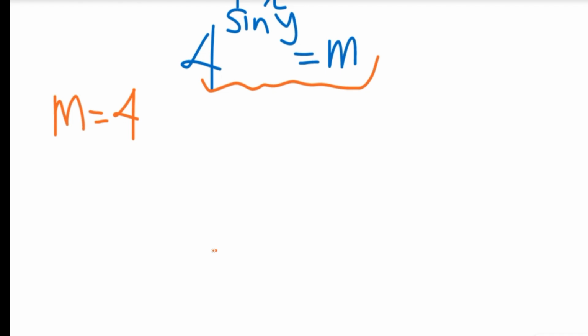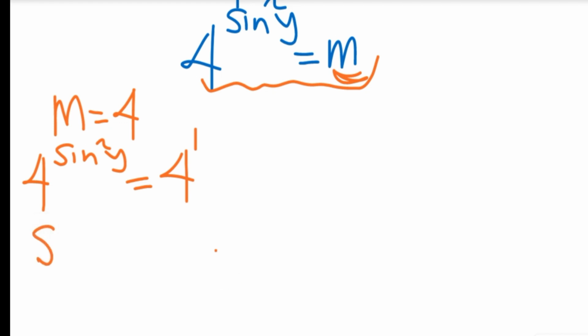So substituting m equal to 4, we'll have 4 to the power of sine square y equal to 4. 4 naturally has a power of 1. Since they have the same base, the powers will equate. So we'll have sine square y equal to 1.